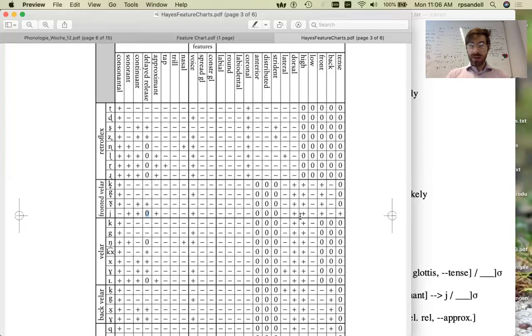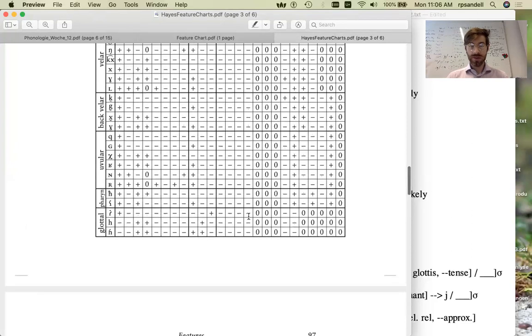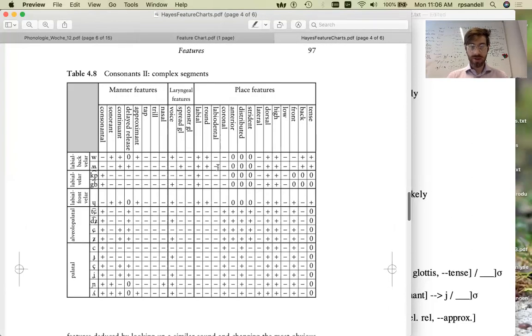I think that the other features here are going to largely remain the same, except it also will need to become plus coronal, because this is a palatal segment. Yeah, so it needs to become plus coronal and plus distributed for characterizing these palatal segments generally.